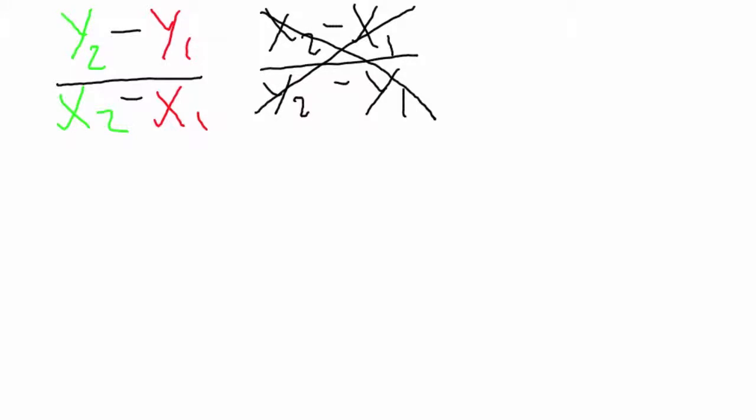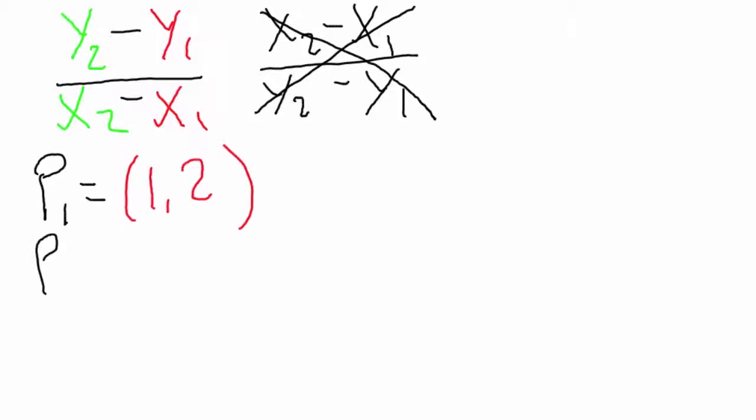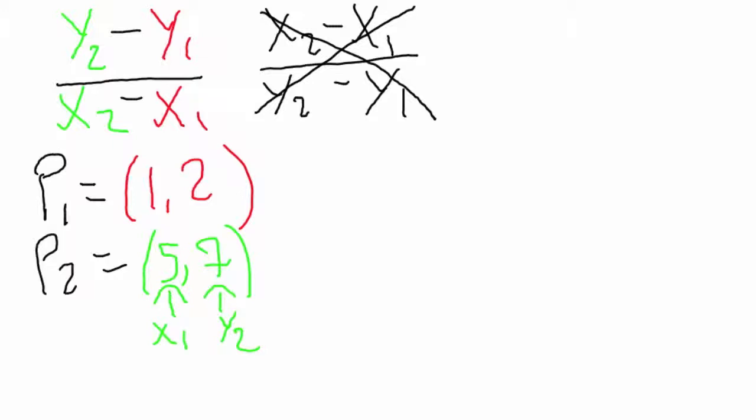So, for example, let's find the slope of a line with points (1, 2) and the second point equaling (5, 7). Now, following the equation, we use 7 as y2 and 5 as x2, 2 as y1, and 1 as x1.